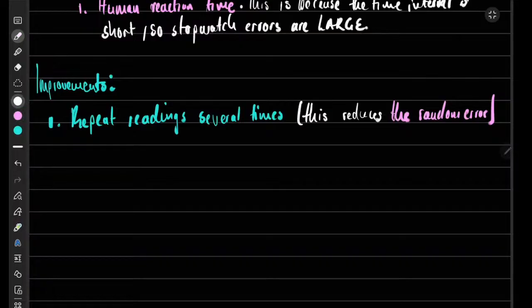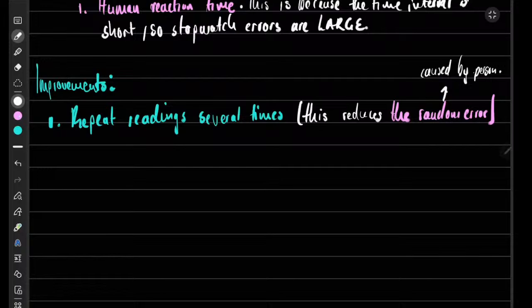Random error means error caused by humans, caused by a person. If it's systematic error, it's caused by an instrument. And there is nothing you can do to fix it unless changing the instrument. The only thing you can do to reduce a systematic error is to change the instrument.